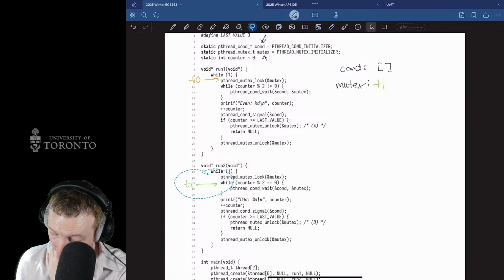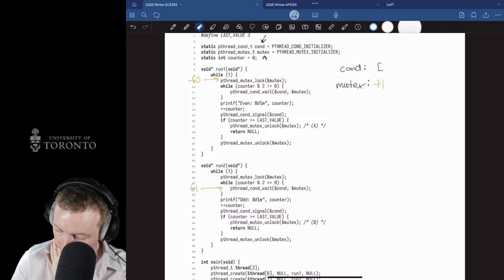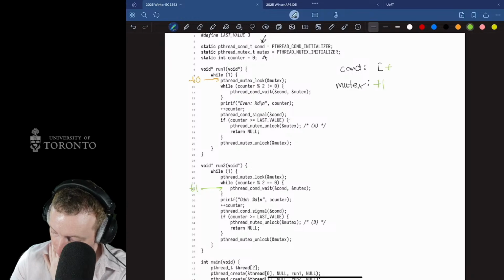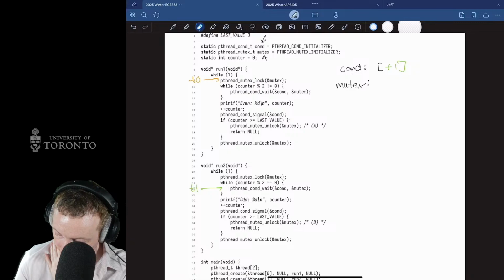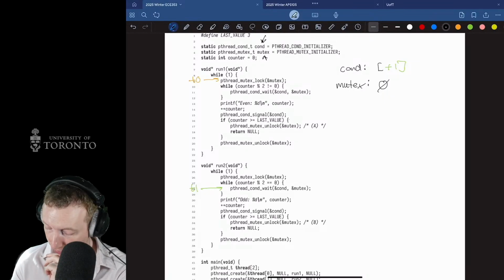In this case, it would be equal to 0 because the current number is even. So we would wait. And remember what wait does is it puts itself in the queue and also atomically unlocks the mutex. So it would unlock that mutex, and now we have no other choice but to execute thread 0.